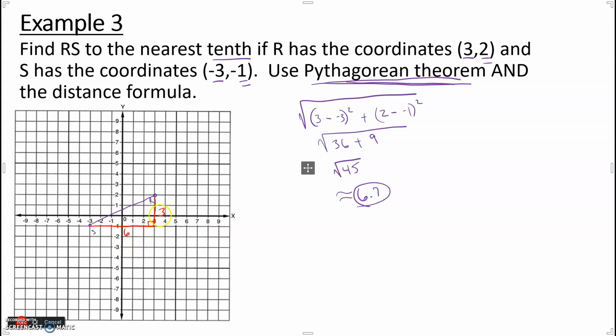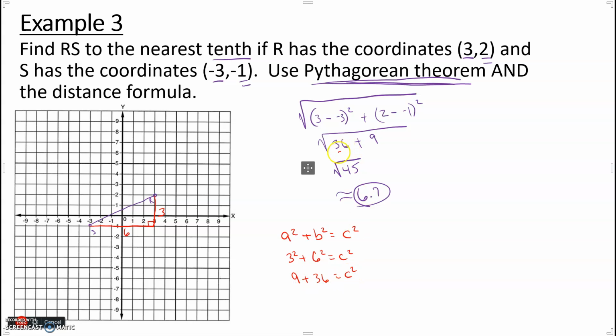A squared plus b squared equals c squared. There's your Pythagorean theorem. Remember, c is always your hypotenuse, so across from the right angle is our hypotenuse. That's what we want. So we have 3 squared plus 6 squared equals c squared. 9, this should be looking familiar, 9 plus 36.